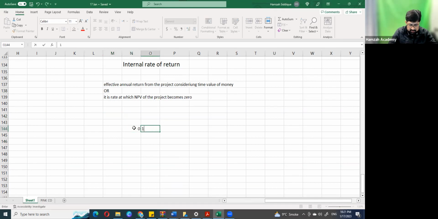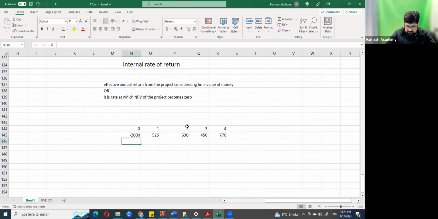For example, it is a project with cash flows negative 2,000, 525, 630, 450, and 770. Make it 650.